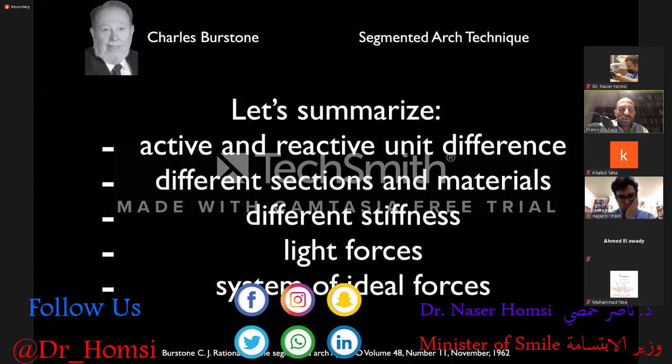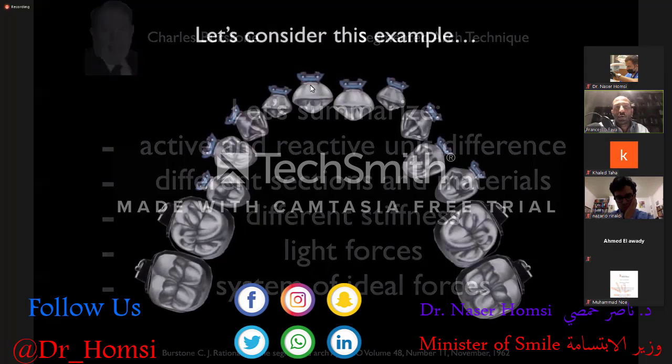It's based on the use of different sections and different materials of the wires, and on different stiffnesses of the wires. A very important point of the segmented technique is the possibility to generate very light forces and a system of forces ideal for specific, different movements.